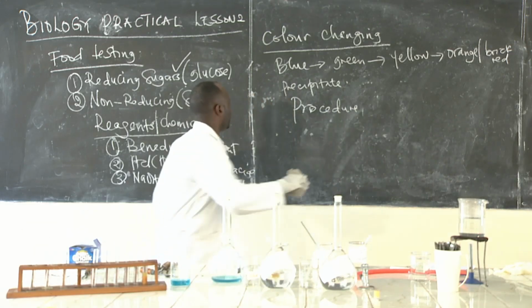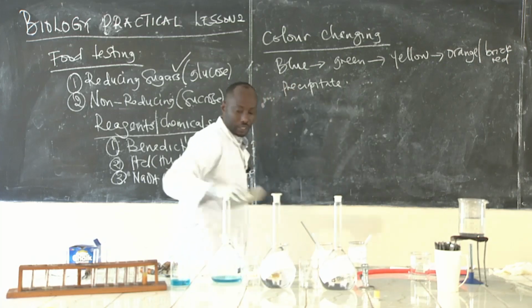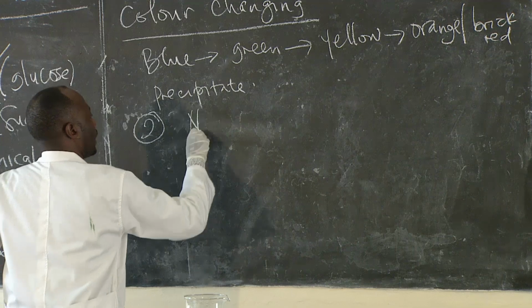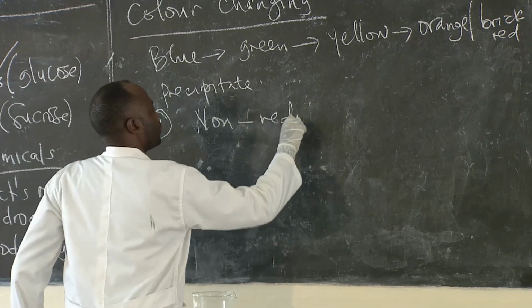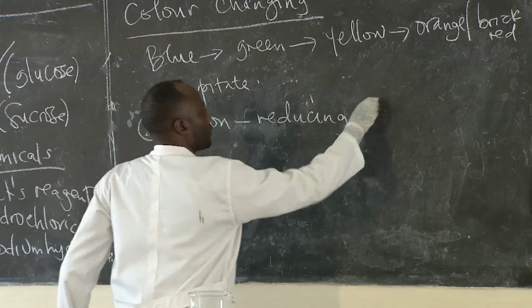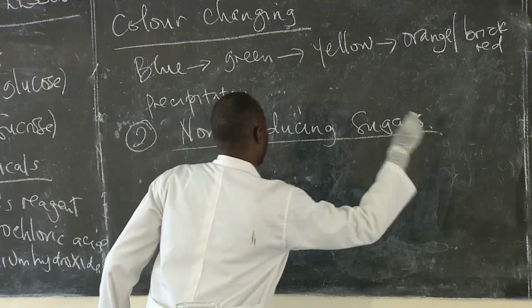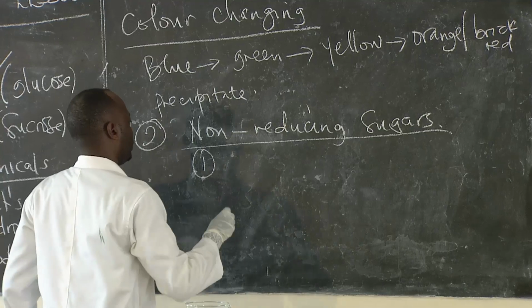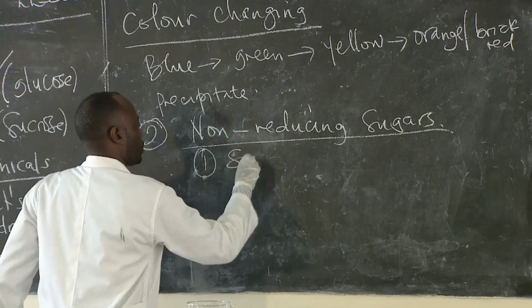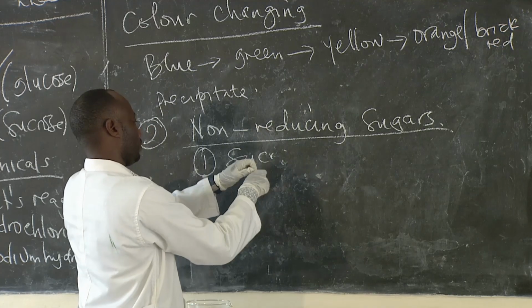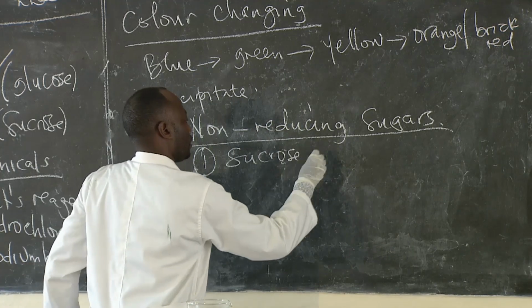We have a duster. We are now on number 2, which is non-reducing sugars. Let's talk about the procedures. Procedure number 1, you get a sucrose sample.